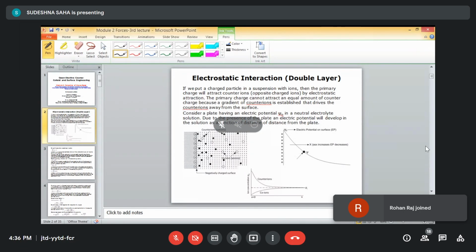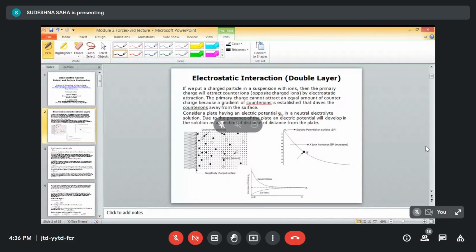Okay, so in that way you will see an electric potential, which if I put it as psi naught on the surface of the particle, will decay with distance from the particle. Okay, and you will see the ionic concentration differ: for counter ions it is decreasing in nature, whereas co-ions will increase with increase in distance from the surface of the particle.